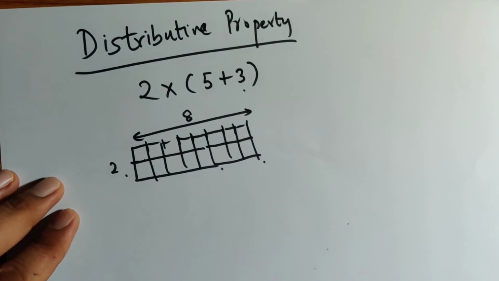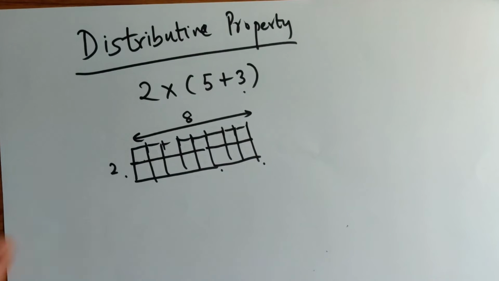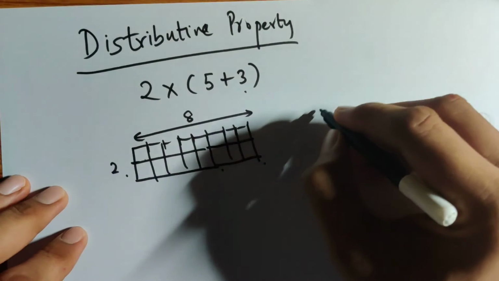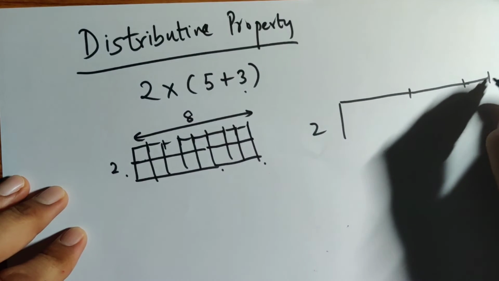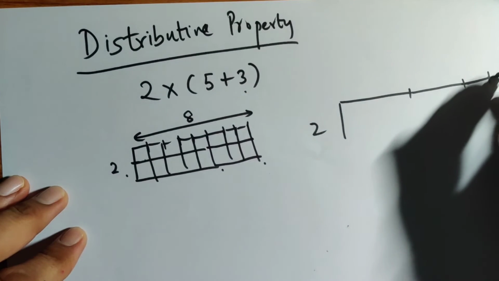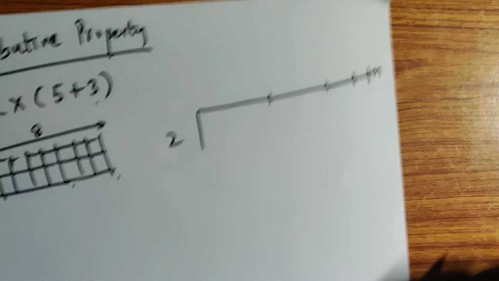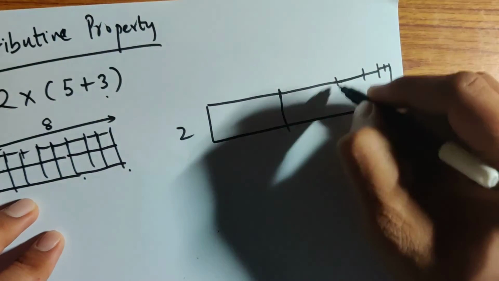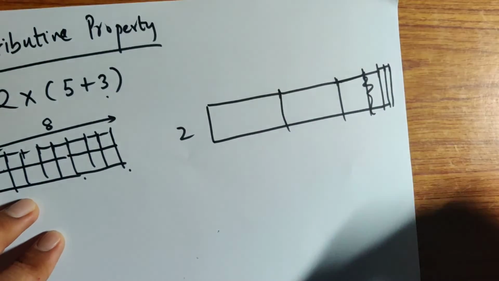This is the most powerful property among all the properties, because without it you cannot do 2-digit multiplication. You will go mad. It is because of this that you can do your 2 times 32 as 10, 10, 10, and 2.